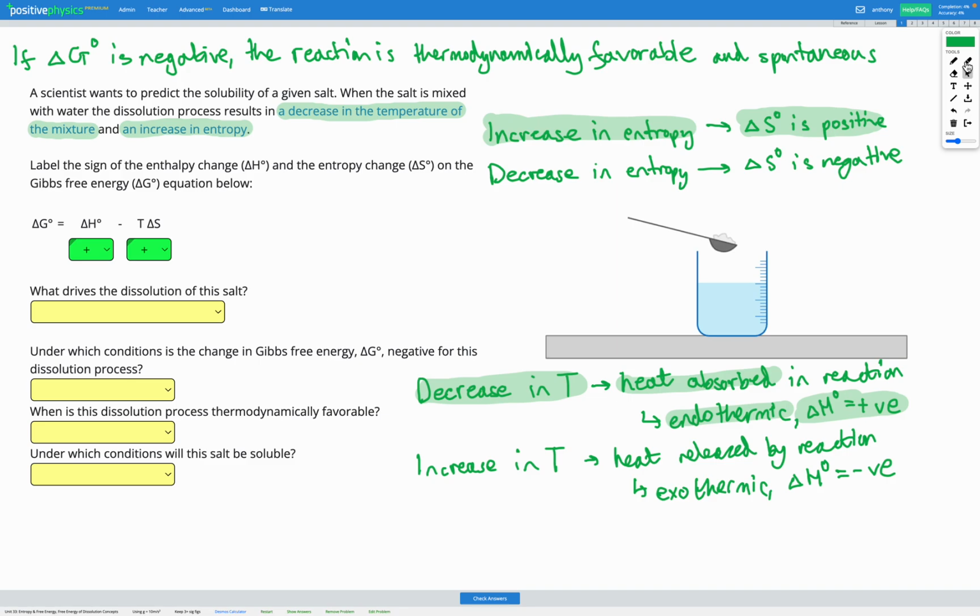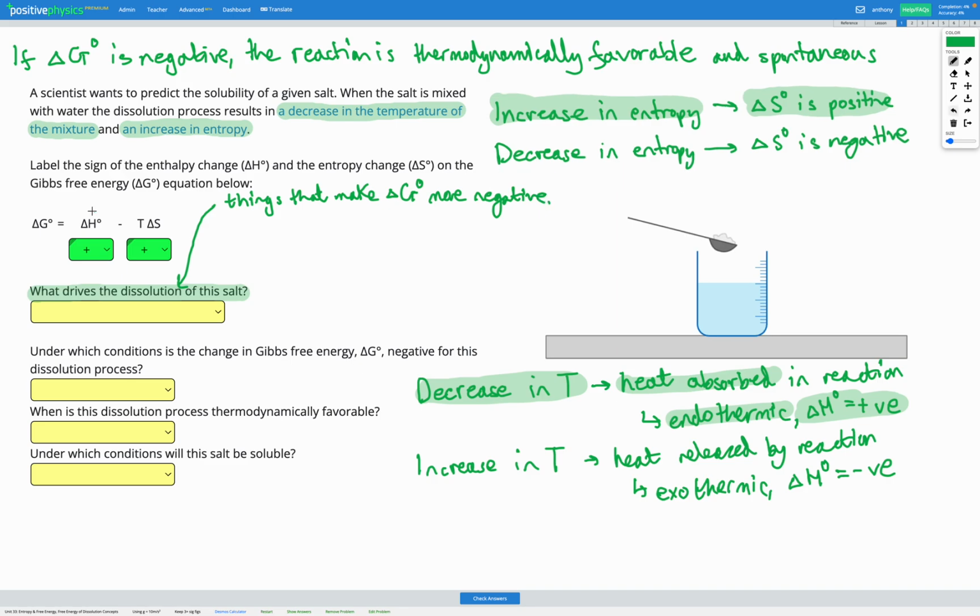We're next asked, what drives the dissolution of this salt? So remember, something that drives the reaction, those are going to be things that make delta G more negative. So looking at our reaction, we have delta H naught here. So if delta H naught is negative, that's going to make delta G naught more negative. So one thing we could have to make delta G more negative is to have delta H naught be negative.